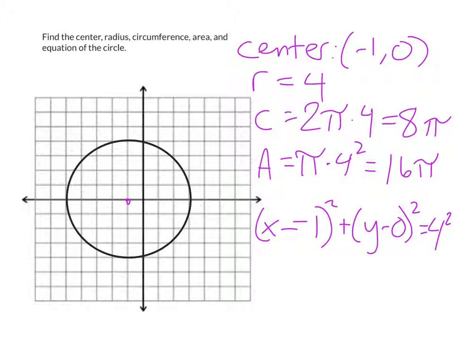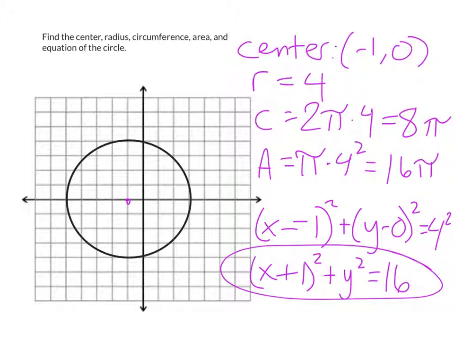So the way I'll write this in the very end is (x plus 1) squared plus y squared, because y minus 0, I'm not going to write minus 0. What's the point? And then 16. So that would be my final equation of this particular circle. Cool. All right. Let's continue.